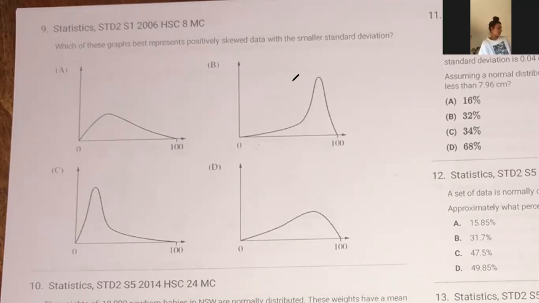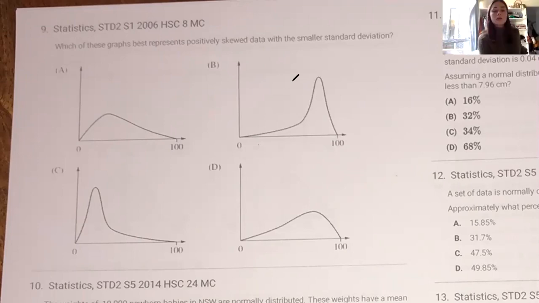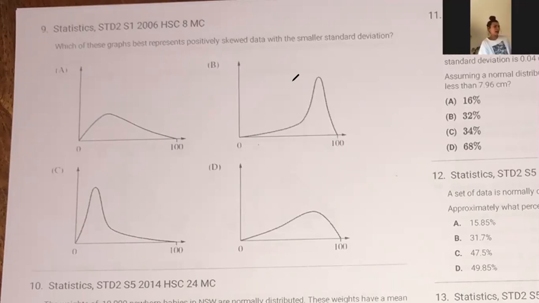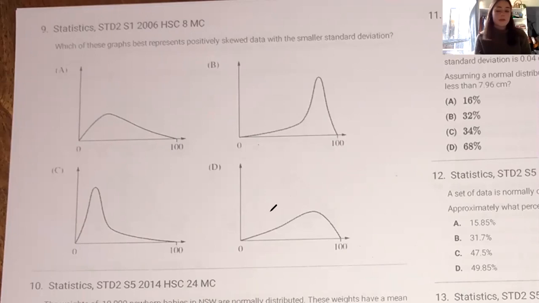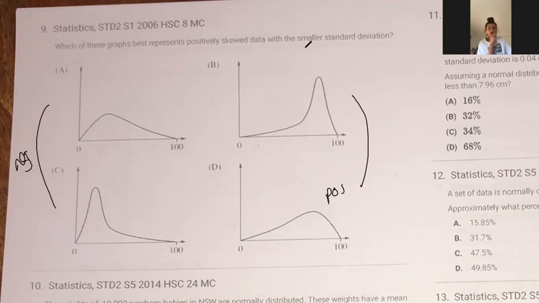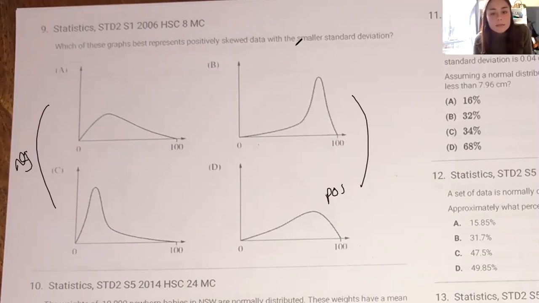Okay, is it D? Or is it A? I think this way is positive, and I think these two are negative. So I think those two are positive and then those two are negative. But just because it says smaller standard deviation.